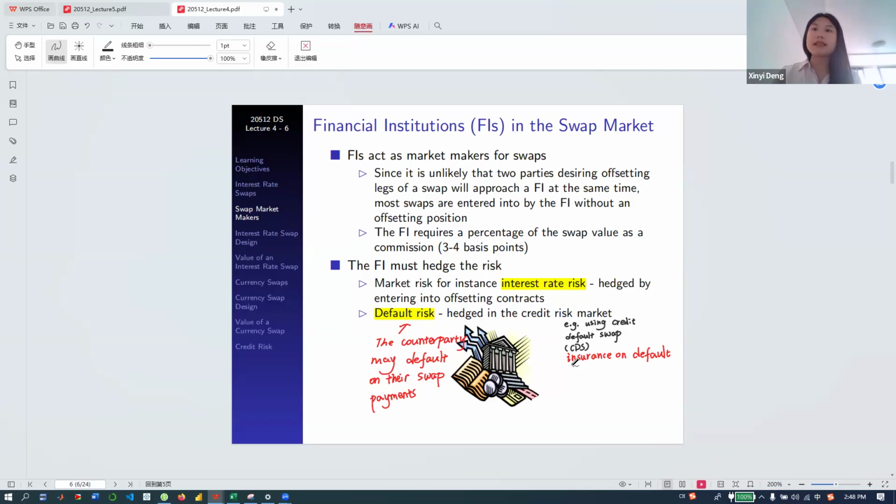That's why in essence it's just insurance on the default events. And therefore that CDS is able to reduce the credit risk, the default risk, of the financial institution who is market making the swap.